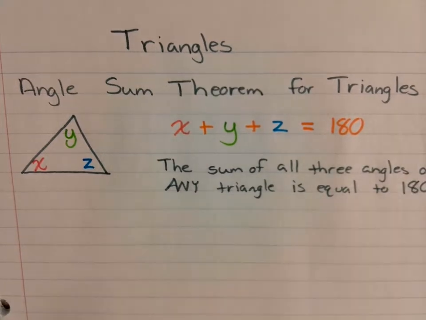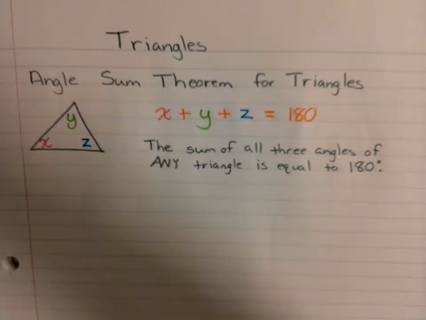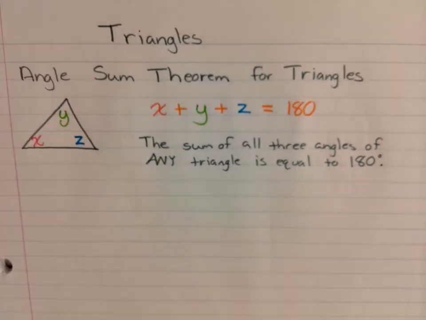So it's very important to make sure you know and understand the triangle sum theorem. Adding all 3 angles together means that it's going to be equal to 180 degrees.